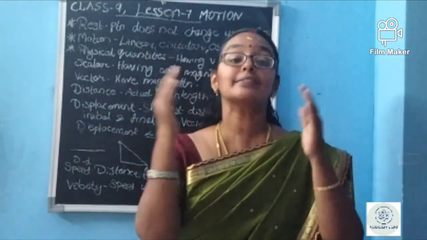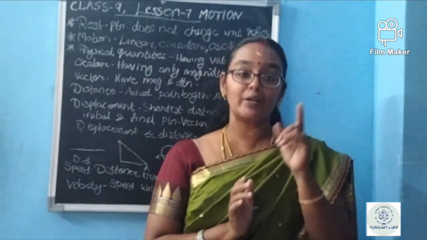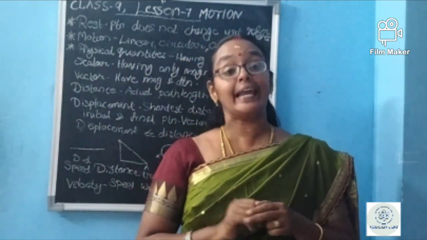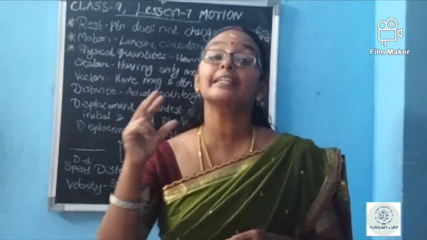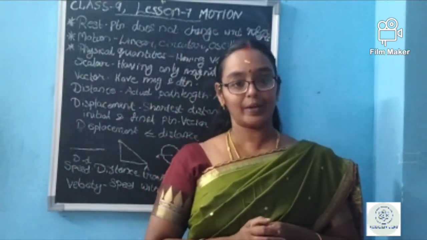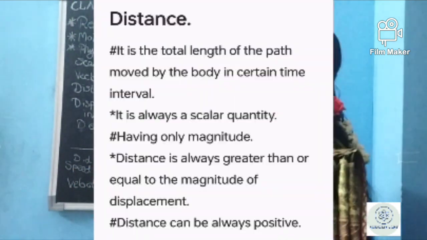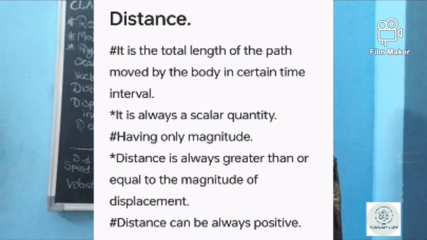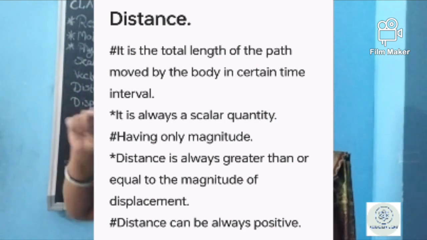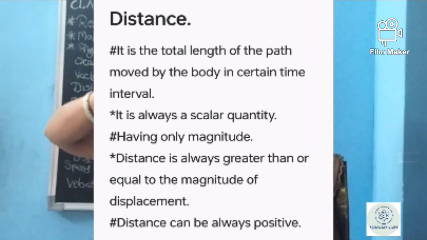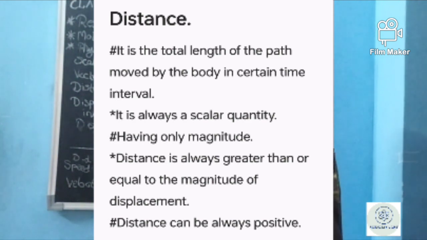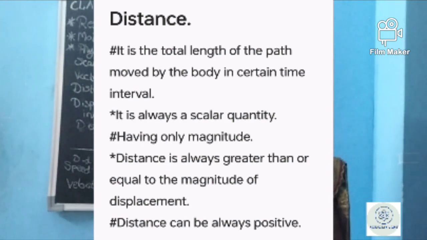So what is the distance in both the cases? First case distance is 2 kilometers and in the second case the distance is 3.5 kilometers. So what is distance actually? Distance is the actual path length. Path length, in which path we are going, and the actual path length is what, ma? It is the distance.